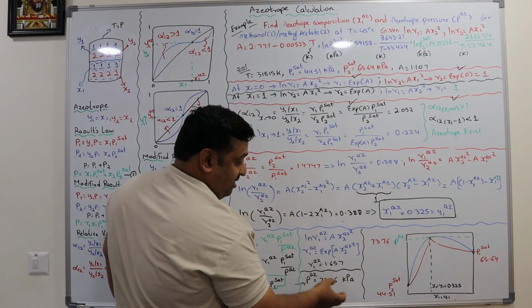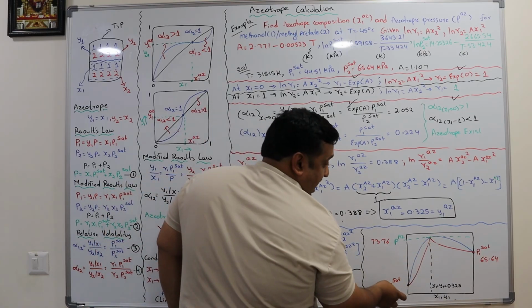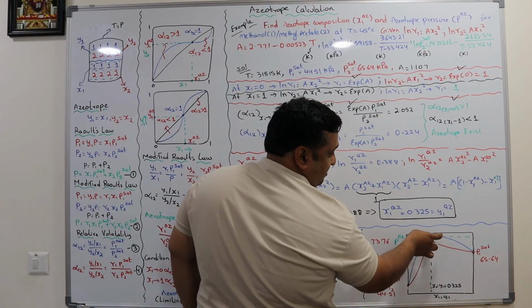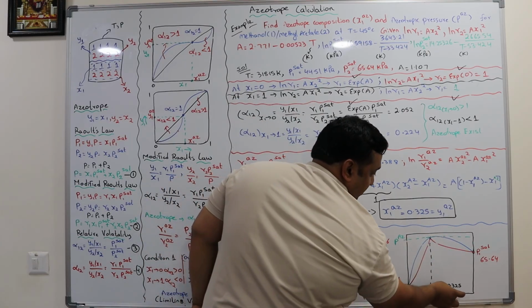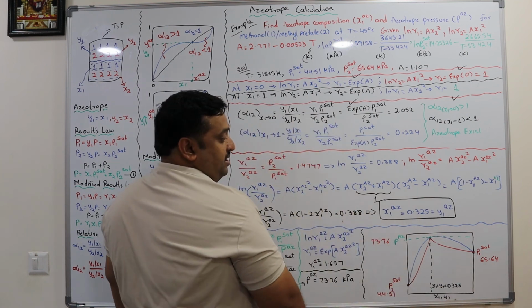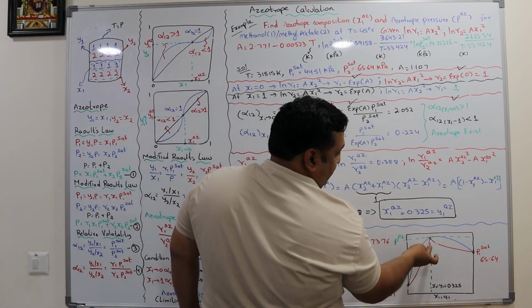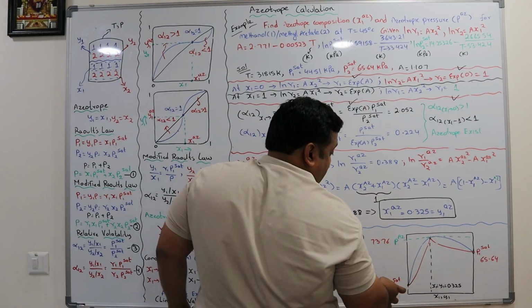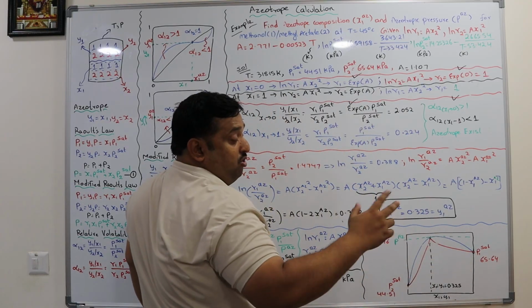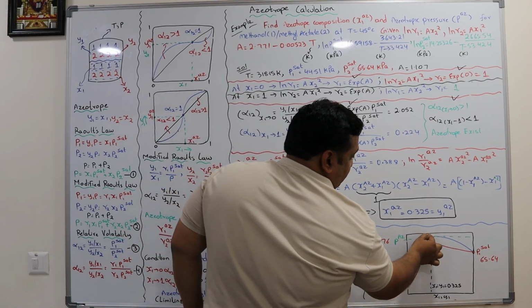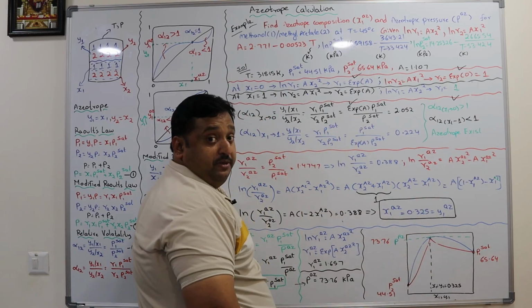But the mixture will have a pressure higher than both of these. That means somewhere around here, at a composition of x1 equal to y1 equal to 0.325, the pressure of the azeotrope is higher than both the pure pressures of methanol and methyl acetate. That means it is forming a high pressure azeotrope.